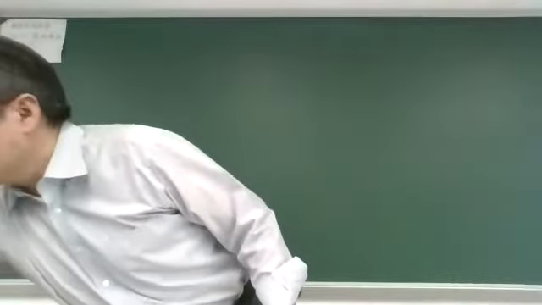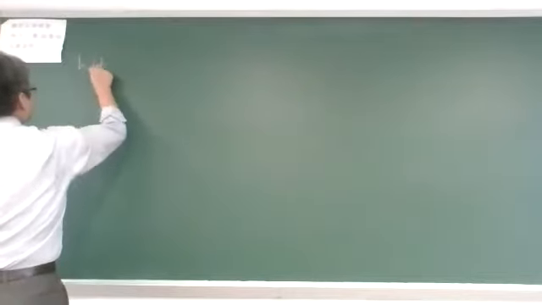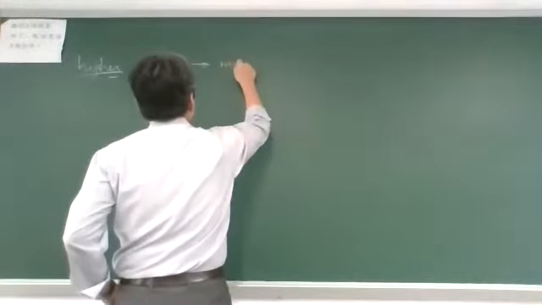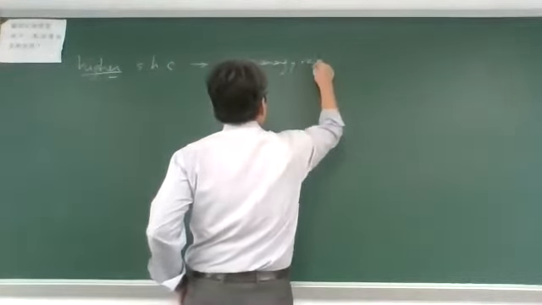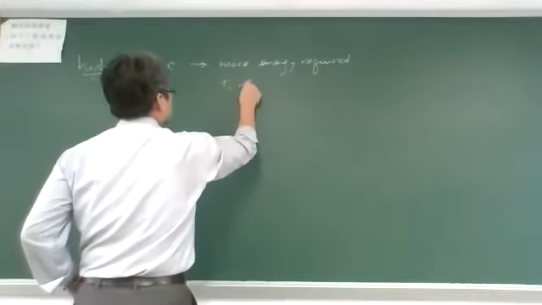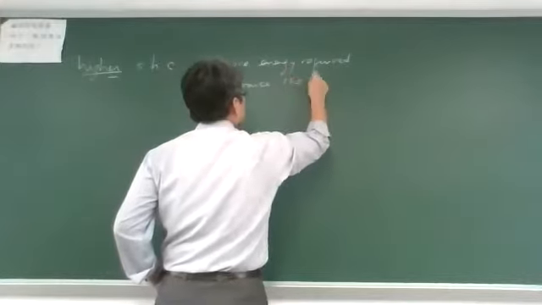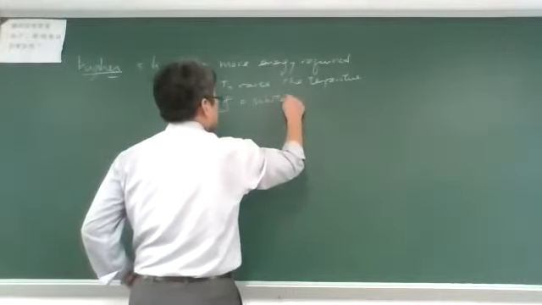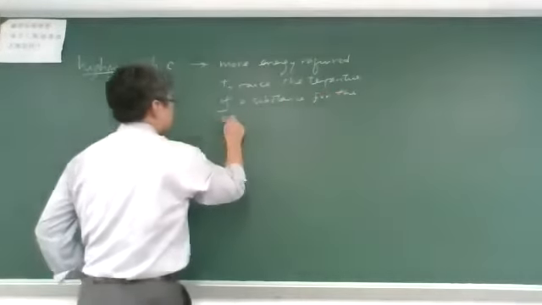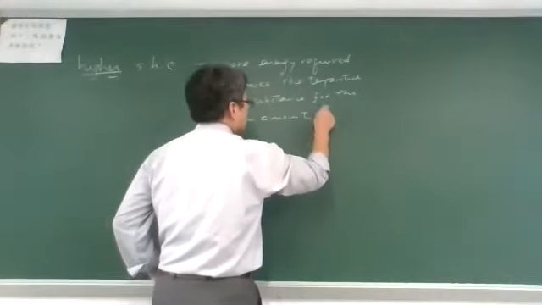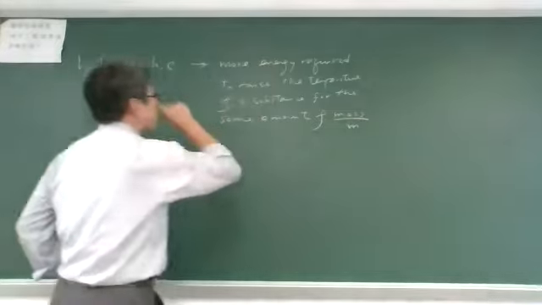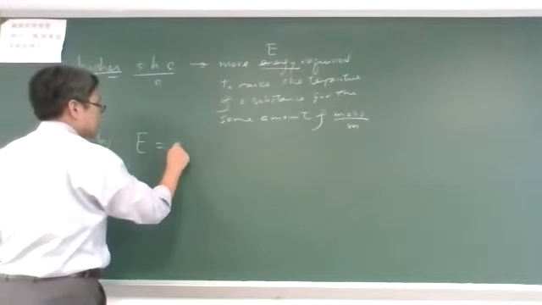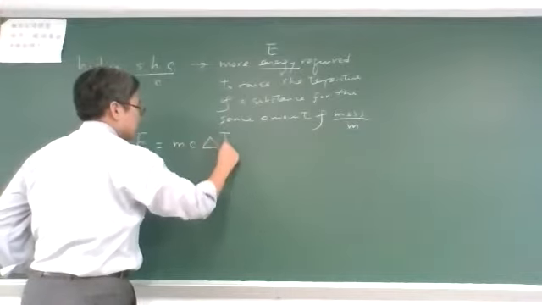First of all, higher specific heat capacity means more energy is required to raise the temperature of a substance for the same amount of mass, by E = mcΔT.